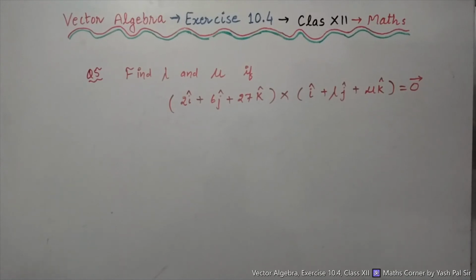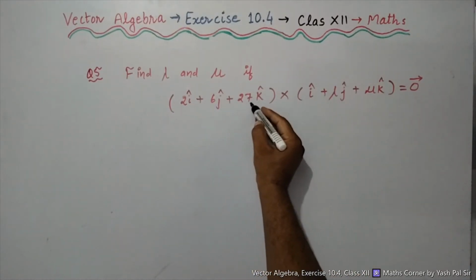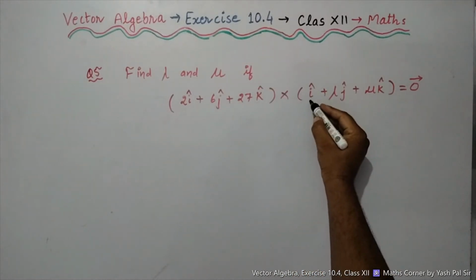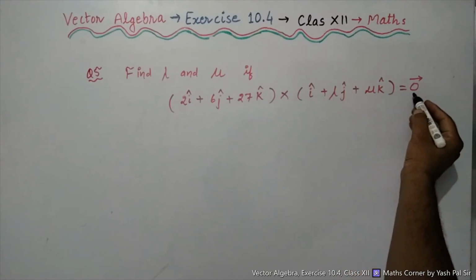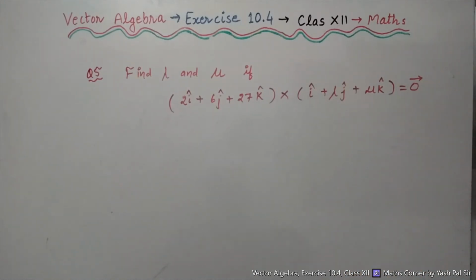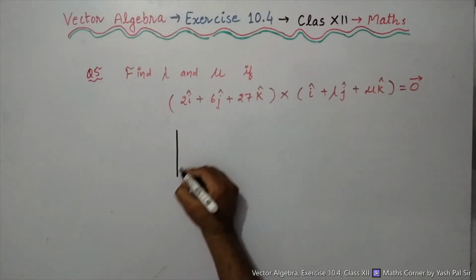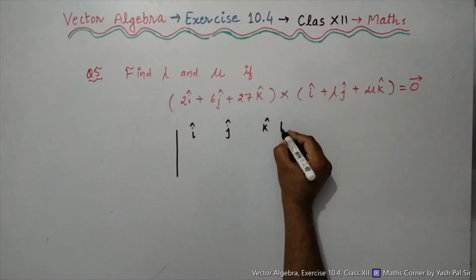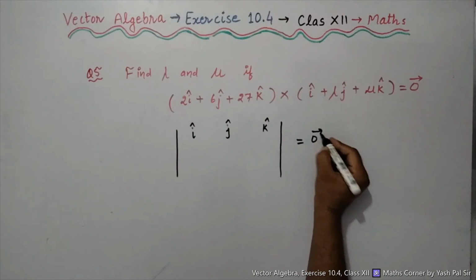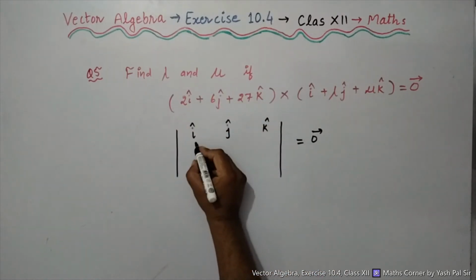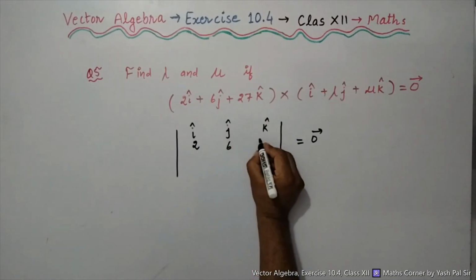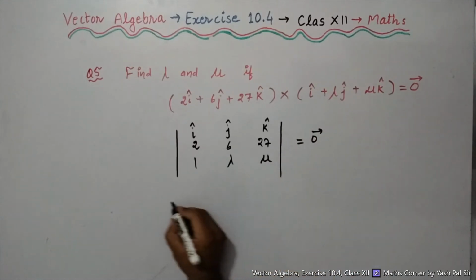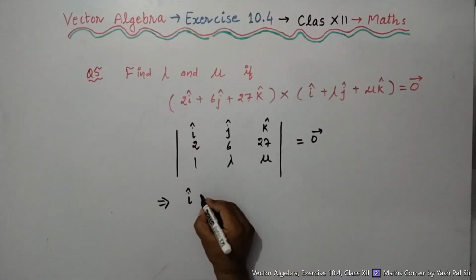Question number 5 is, find the value of lambda and mu if 2i plus 6j plus 27k cross product the next vector, i plus lambda j plus mu k, is equal to 0 vector. So we apply the shortcut method, i j k, is equal to 0 vector. Components are 2, 6, 27. This is 1, lambda, mu.